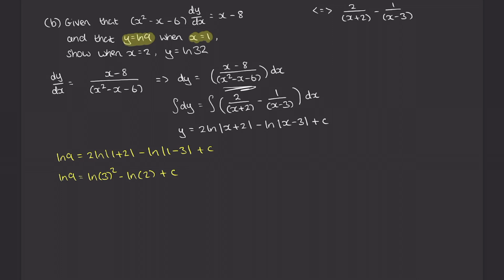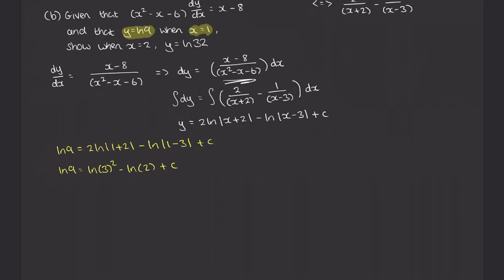And using our natural logarithm rules, we can get that ln 9 equals ln 9 minus ln 2 plus c, and obviously ln 9 minus ln 9 will just be 0 because you're subtracting both sides, right? And you can cancel these out, and then we're just left with negative ln 2 plus c, so therefore c equals ln 2, right?